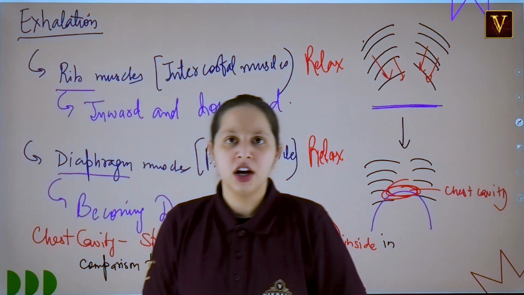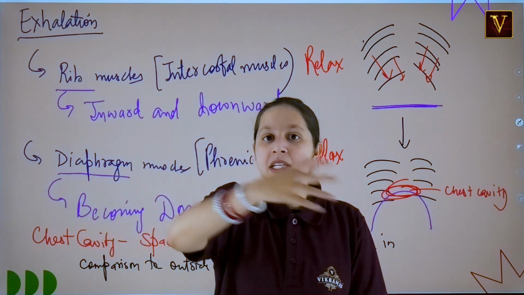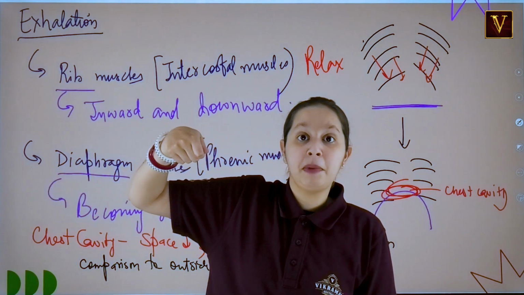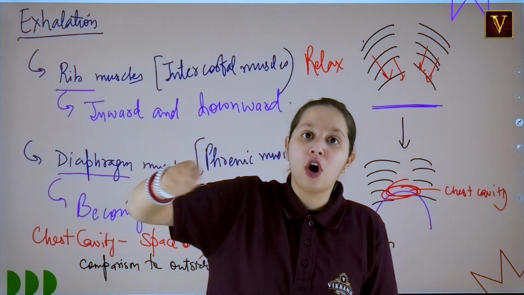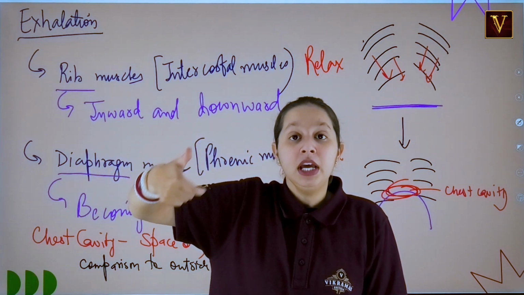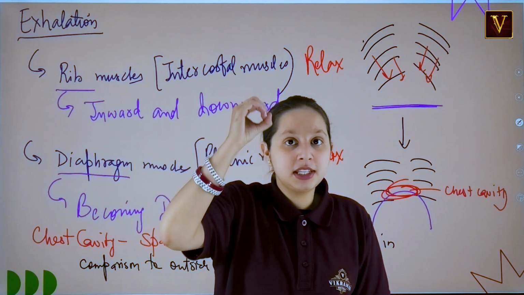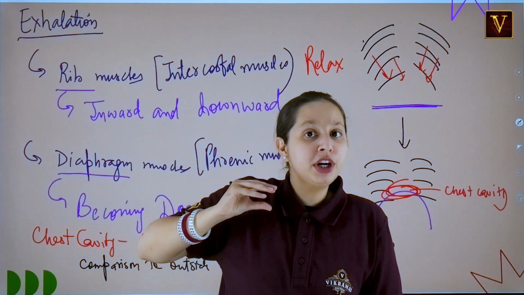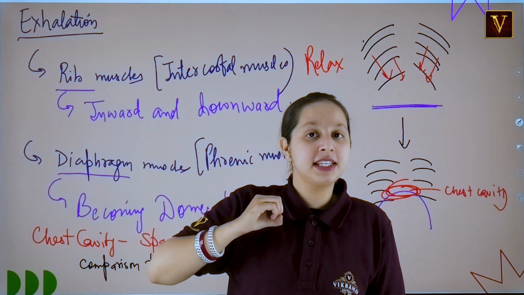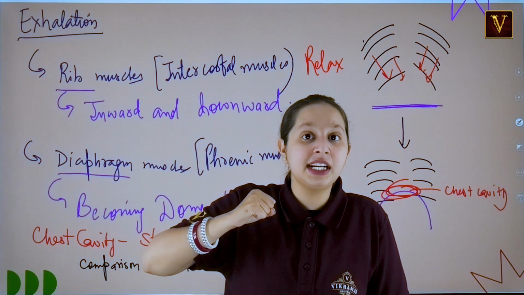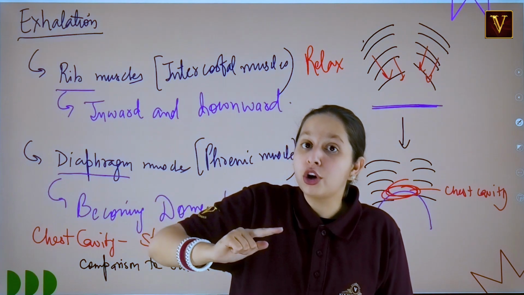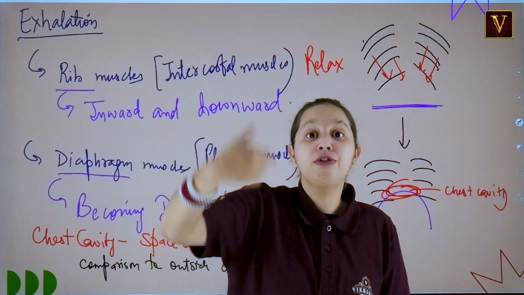Now see here. You all must have watered the plants in your garden using a pipe. When you press that pipe, the pipe has a lumen. When you reduce that lumen by pressing the pipe, the water goes far.